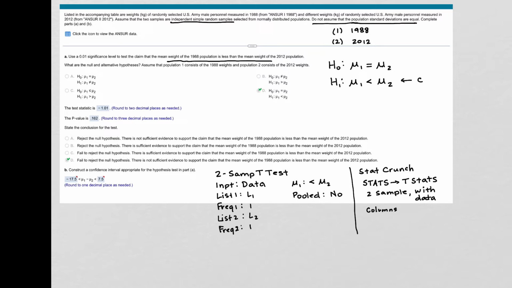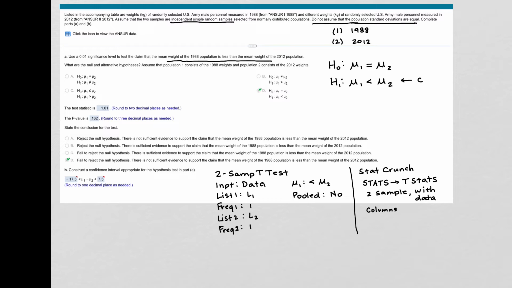I'm going to use 1988 for sample 1 and 2012 for sample 2 because that's how we set that up originally. The data is given in the reverse order, so just be careful about that. We do not want to pool variances.